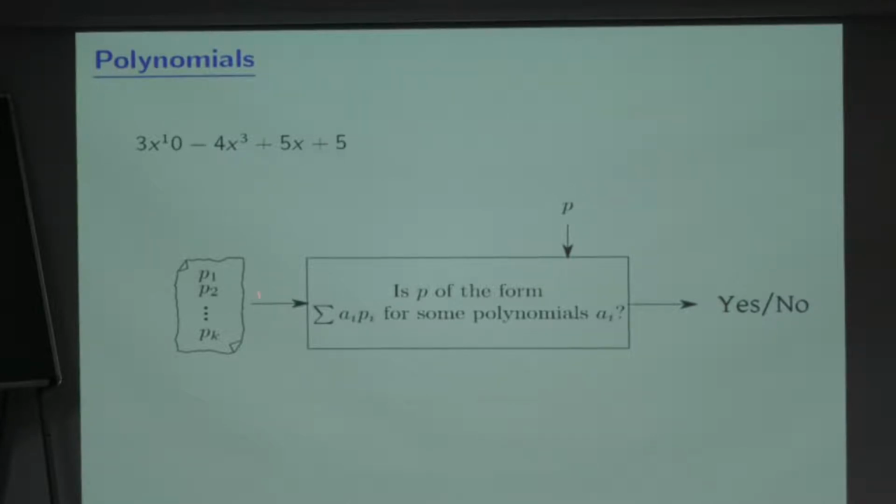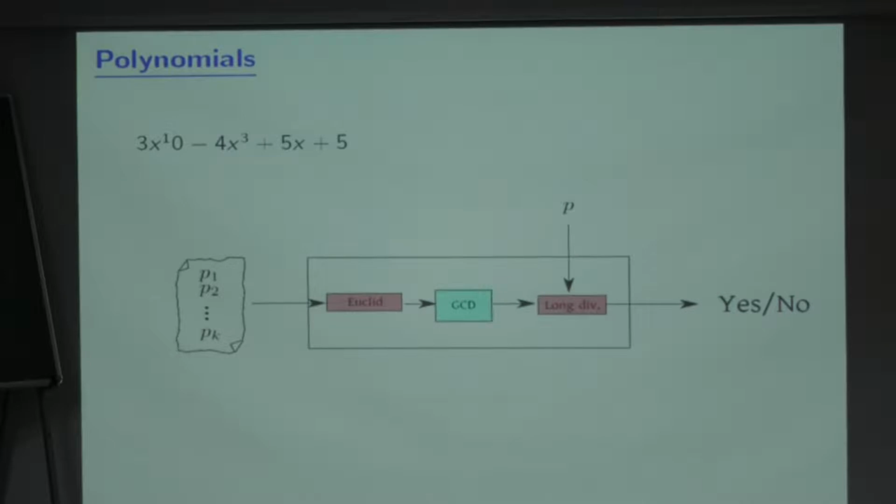Again, the same question. I give you some polynomials, not integers anymore, and I give you a polynomial here. The question is, can you express this polynomial as a linear combination of these? That is summation ai pi, where the ai's themselves, by the way, are polynomials. And I want the answer, yes or no. Turns out that this question has exactly the same answer as that elementary puzzle, and the technique is the same.